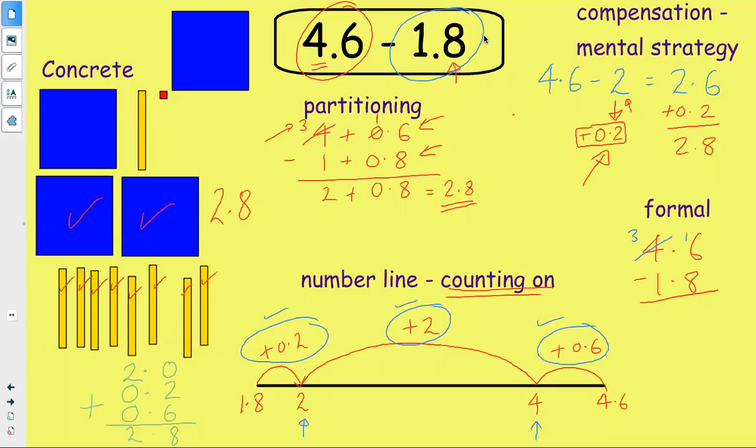Okay, so this is now 16 tenths if you like, so 16 take away 8, which is 8. Put your decimal point in, and 4 take away 1, which is 2, which is the answer that we have got in every question. We'll do one more example for you.